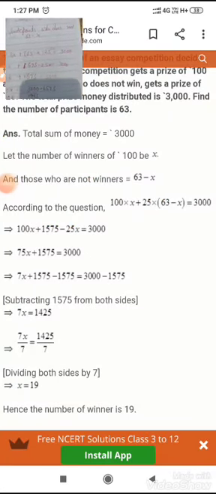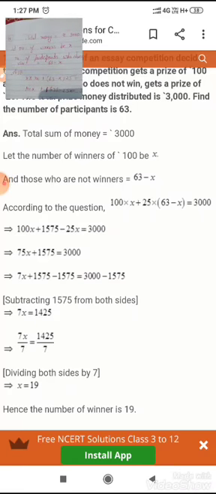In this question, it is given that the total money distributed is rupees 3000. Let me assume that the number of winners is x. Therefore, the number of participants who do not win is equal to 63 minus x, because the total number of participants is 63.